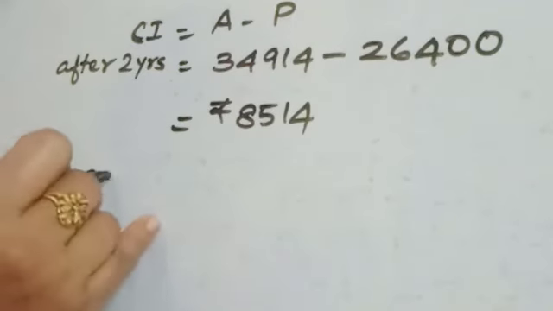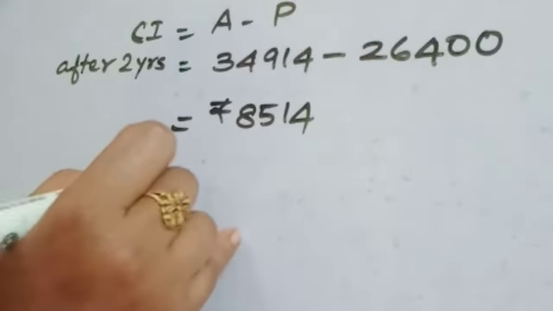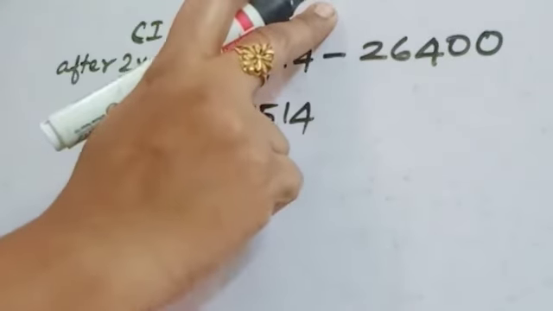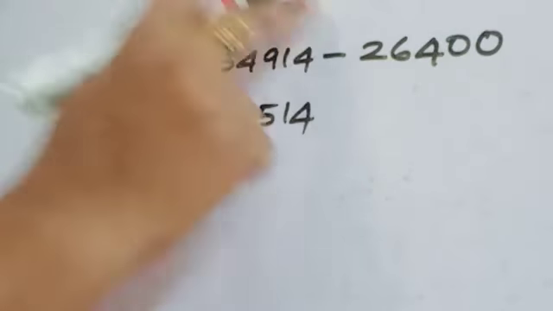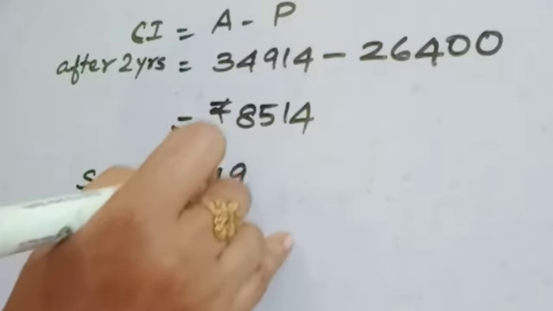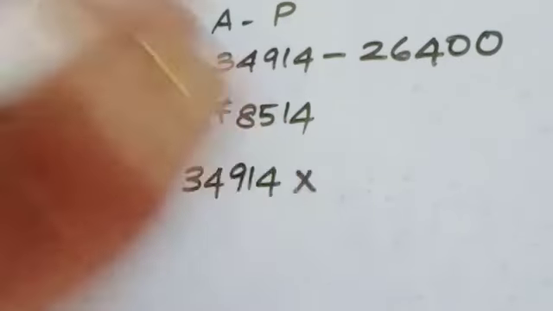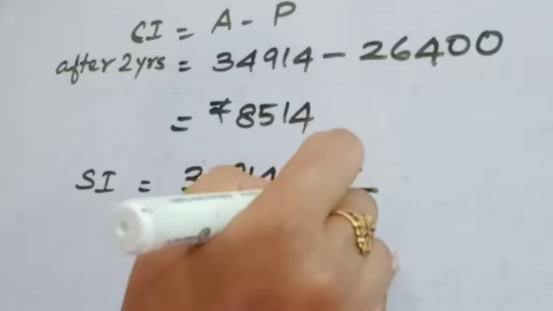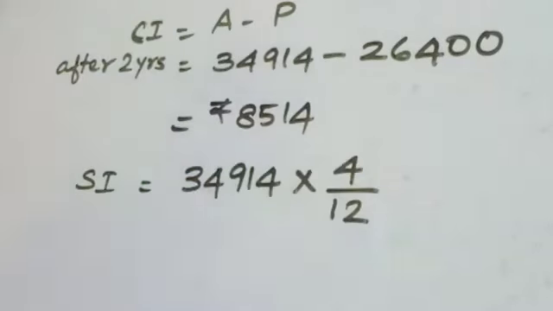So simple interest is equal to PTR by 100. Here the amount at the end of 2 years has to be taken as the principal. So 34,914 into time period, which is 4 months. But we have to convert it into years and then only substitute in the formula.